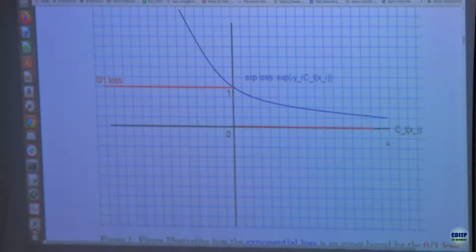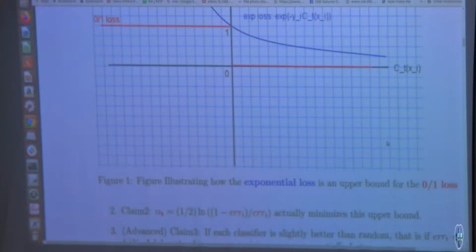So, minimizing the upper bound as a function of the alpha takes place under this particular form of alpha. These 2 steps should be very straightforward. We are not going into claim 3 right now, that requires a little more background in optimization. So, the first and the second claim is what we are concerned with.